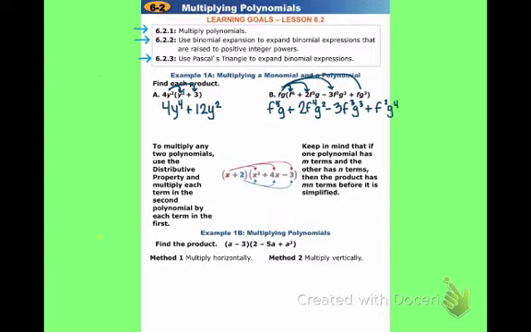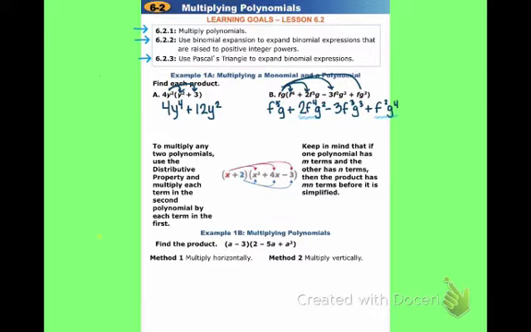Now I want to go back and see if there are any like terms. Well, to be like terms, we have to have the exact same variable or combination of variables raised to the exact same powers. And clearly that's not the case here. About the closest we get is this term right here, where we have 2f to the 4th and g to the 2nd, and you could maybe accidentally confuse this f squared g to the 4th as a like term, but the f has a power of 4 in the first monomial, and in the second one has got an f squared.